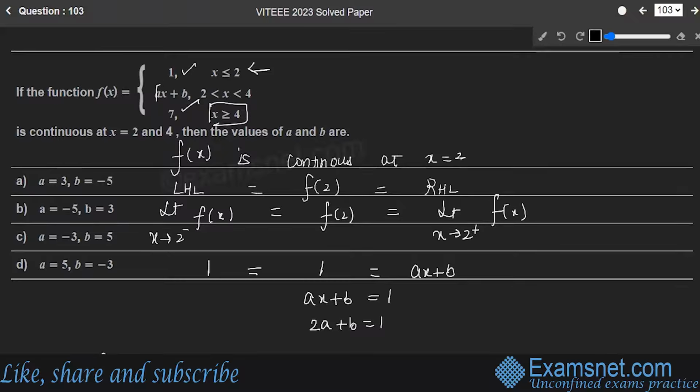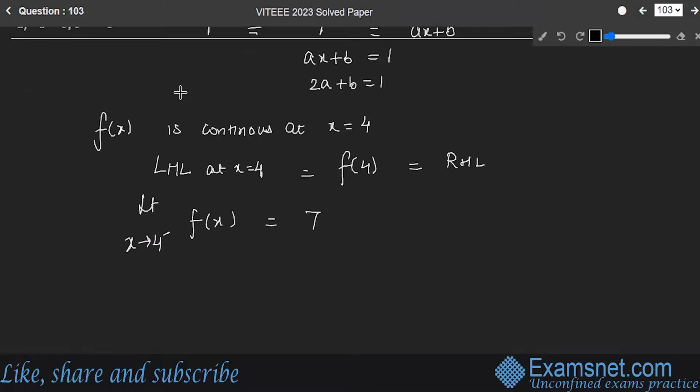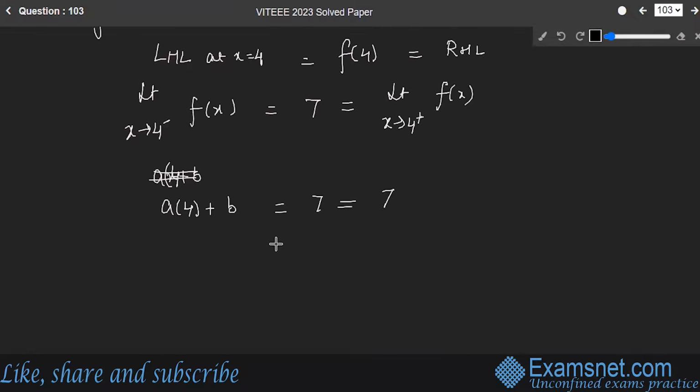For 4 minus, it will be taken as ax plus b, so that is equal to limit x approaching 4 plus f(x). Now for 4 minus, it was equal to ax plus b, that is actually a into 4 plus b, x will be put as 4. So a into 4 plus b is equal to 7, which makes 4a plus b is equal to 7.